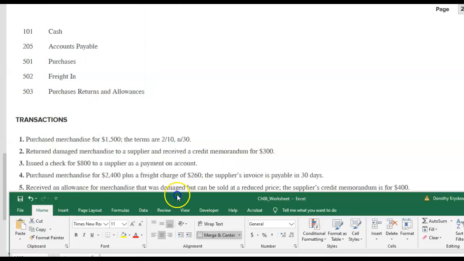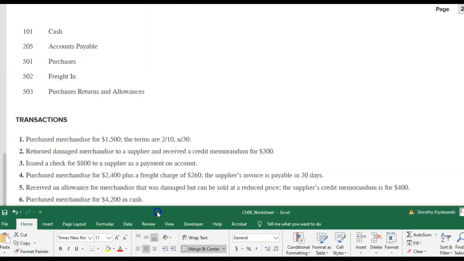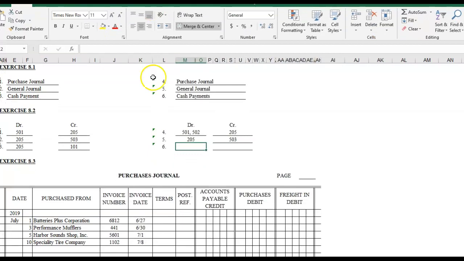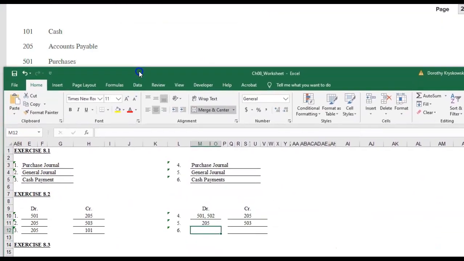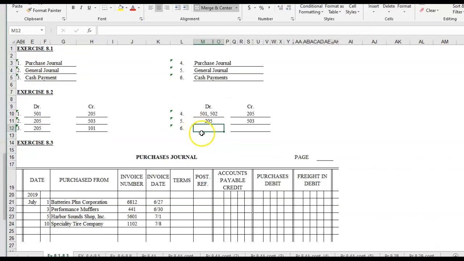And the last one, purchase merchandise for $4,200 in cash. So our purchases go up, which is 501, and our cash goes down, and our cash is 101. That's a credit. And you've just finished exercise 2. Let's move on to 3.